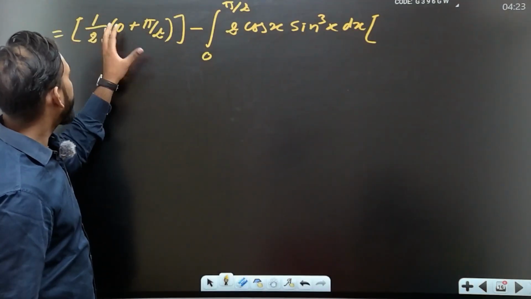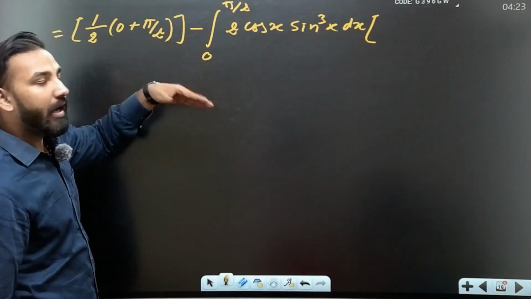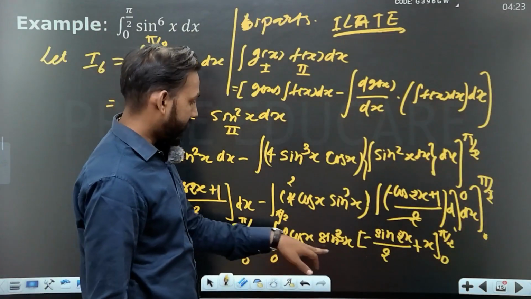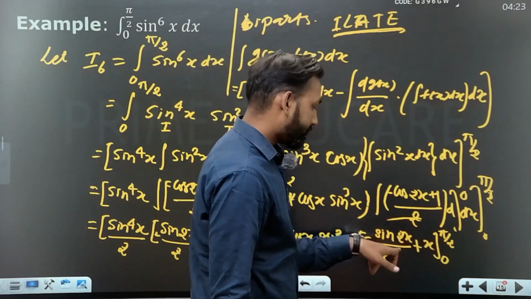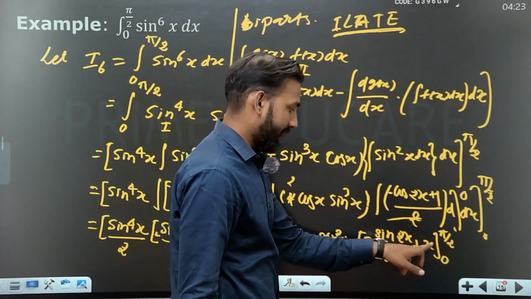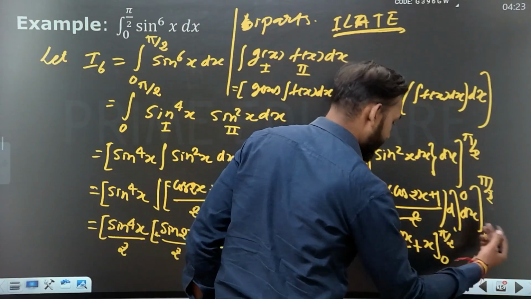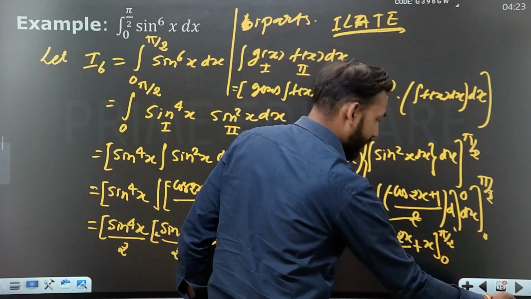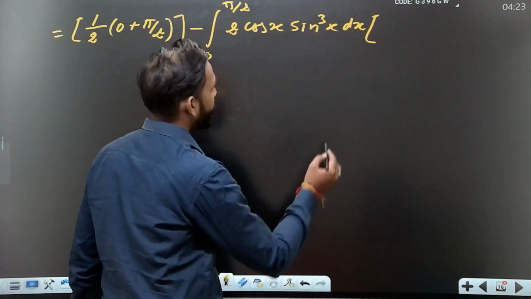Because this thing minus 0, right? And we do not need to write here 0. Now since this is 0 and this is plus pi by 2, and if we put 0 here, 0 plus 0 is 0, then we have pi by 2.